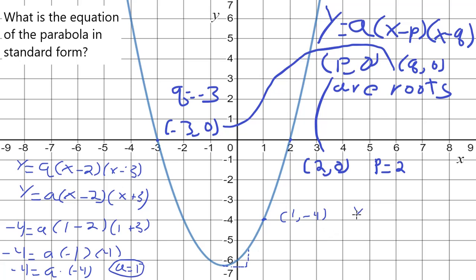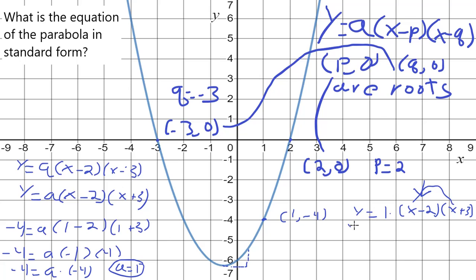So then I'm going to write y equals 1 times, you don't have to have this 1 here, but I'm just including it because we found a is 1, x minus 2 times x plus 3. This is not in standard form, so we need to write it in standard form. So I'm going to FOIL. Really, it's just distributing, but it's a good acronym for now.